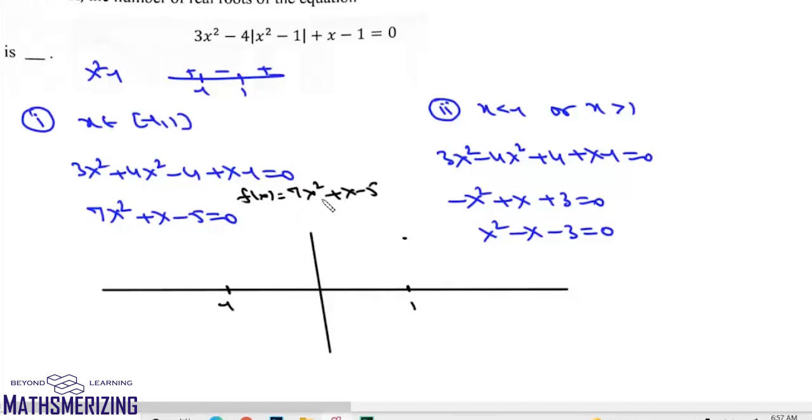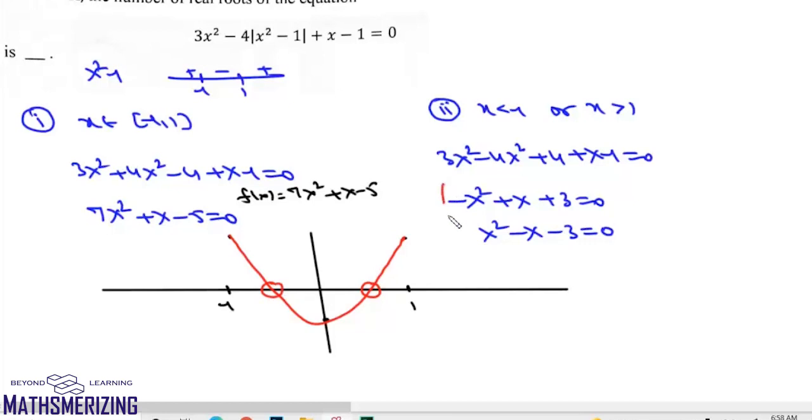And if we put x as minus 1, we'll get this value as plus 2, and at 0 this value is minus 5. So this graph will start from positive and then it'll take a negative value and then again it'll intersect the x-axis. So in between minus 1 and plus 1, it will have two real roots.